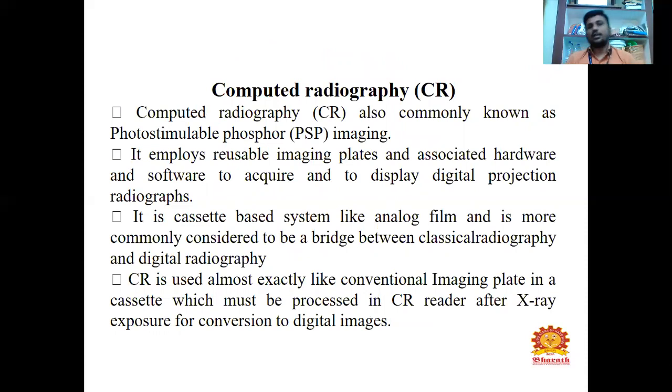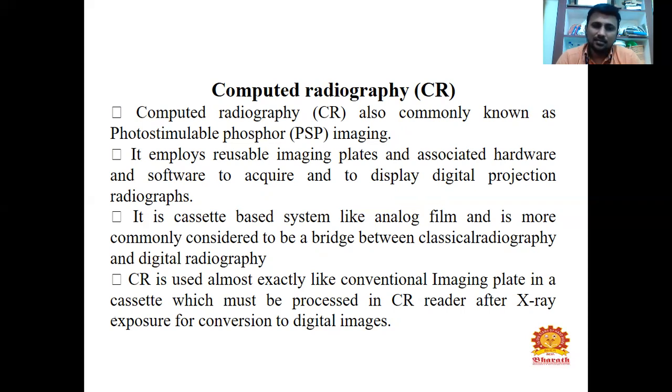Now let us see the radiography technique types. One of them is computed radiography, called CR, commonly known as photostimulable imaging. It employs reusable image plates and associated hardware and software to acquire and display a digital projection radiograph.